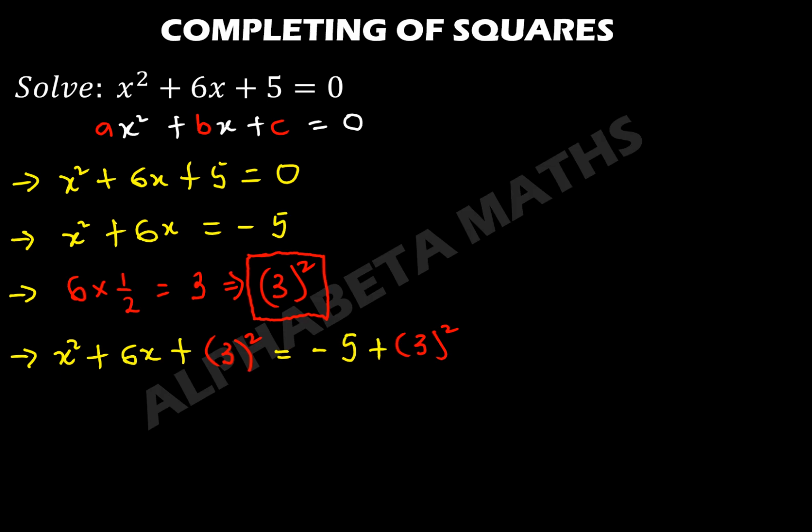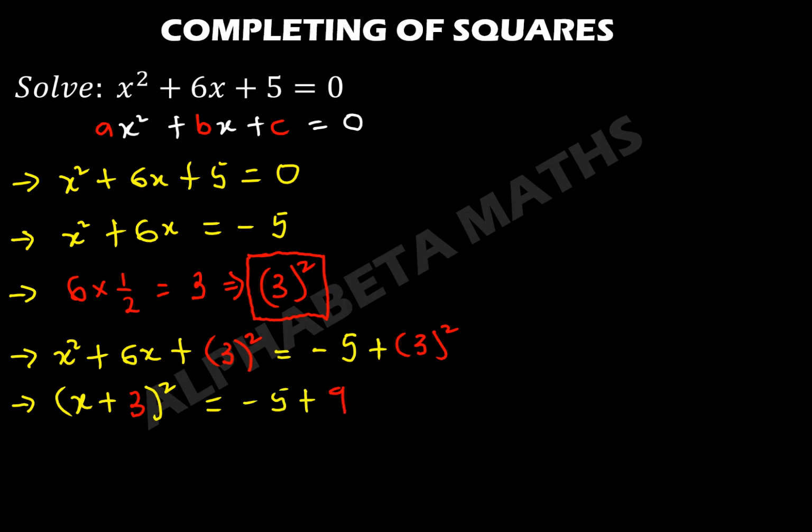Now, anytime you reach this part, it means that the expression you're having here is a perfect expression, meaning we can write it as x plus 3, all squared, and this is also going to give us negative 5 plus 9.